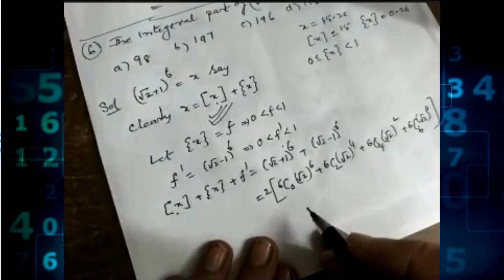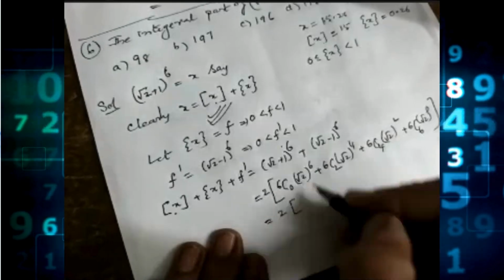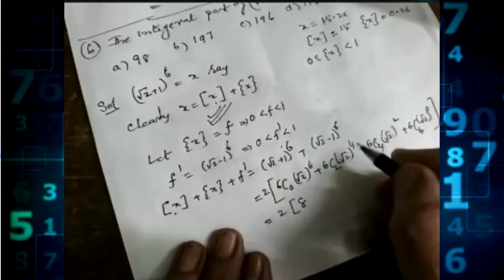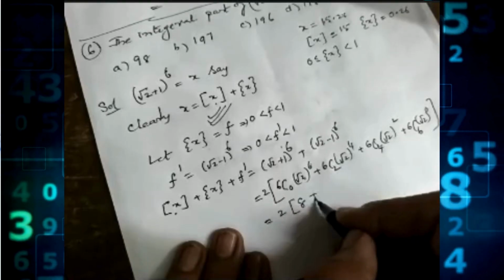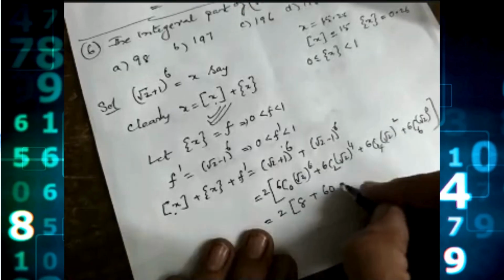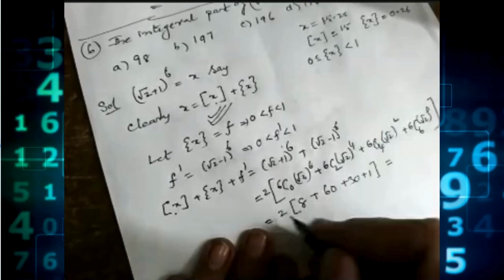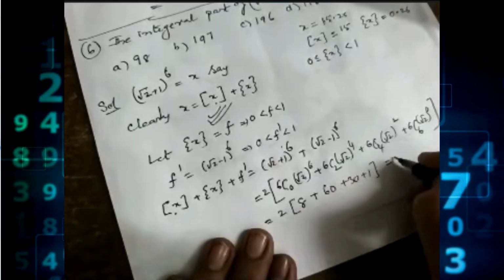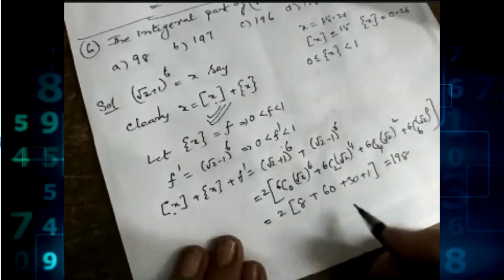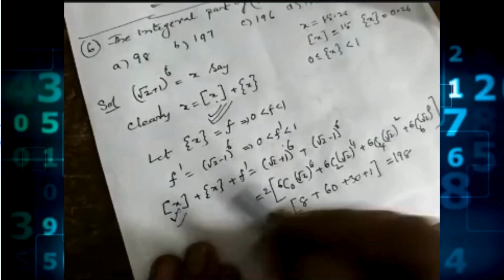Okay, and if you can simplify this, this is 2 times of, root 2 whole power 6 is 8. Next one is, this is 15, this is 4. Altogether, this is 60, and 6c4 is 15. 15 into 2 is 30, plus 1, total it is 198. Okay, good. Yes. We just want to have this only, isn't it? Yes, sir.